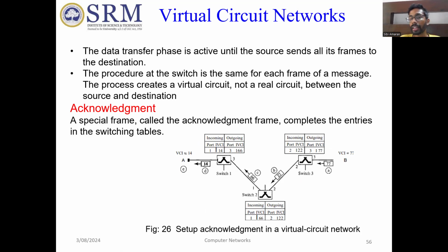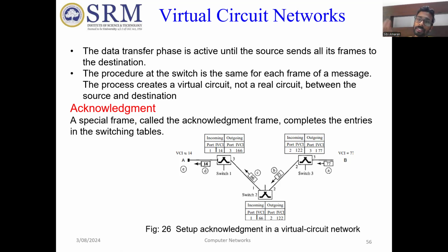The final acknowledgement confirms whether all the packets are received, and then a positive acknowledgement is sent and the connection is disconnected. So again in a similar way: setup phase, acknowledgement for sending the packet, data transfer, and finally another positive or negative acknowledgement, and the connection is closed.